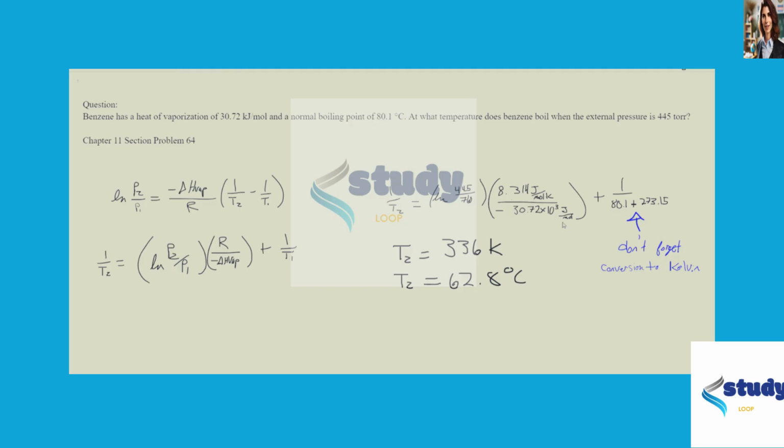So when we add that to the 1 over T1, also don't forget to convert your degrees Celsius to Kelvin by adding 273.15. So when you plug that into your calculator, remember to invert this number to get T2, you should get 336 Kelvin, and you can convert that back into Celsius.